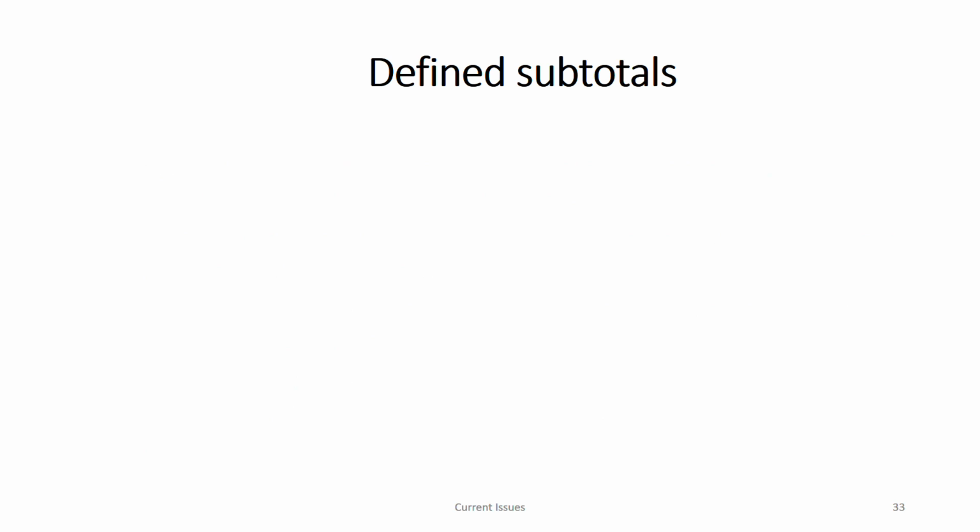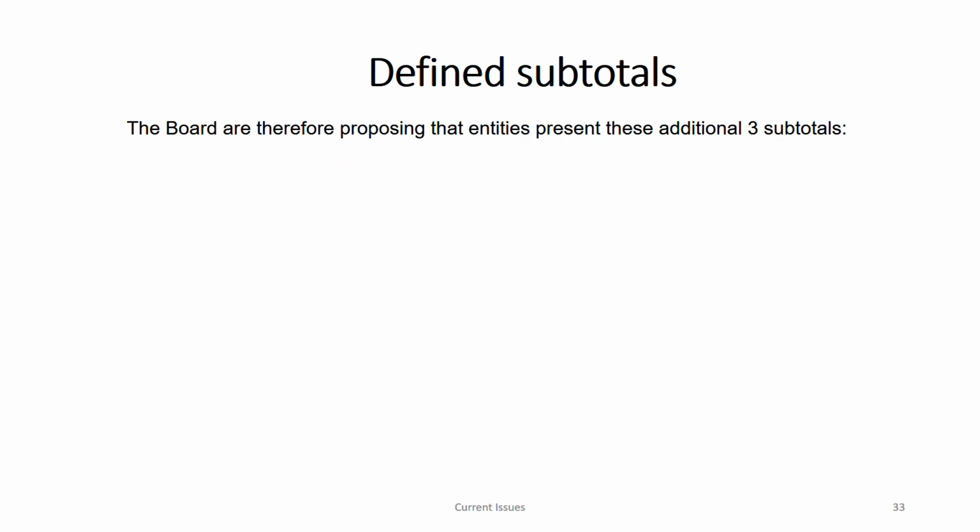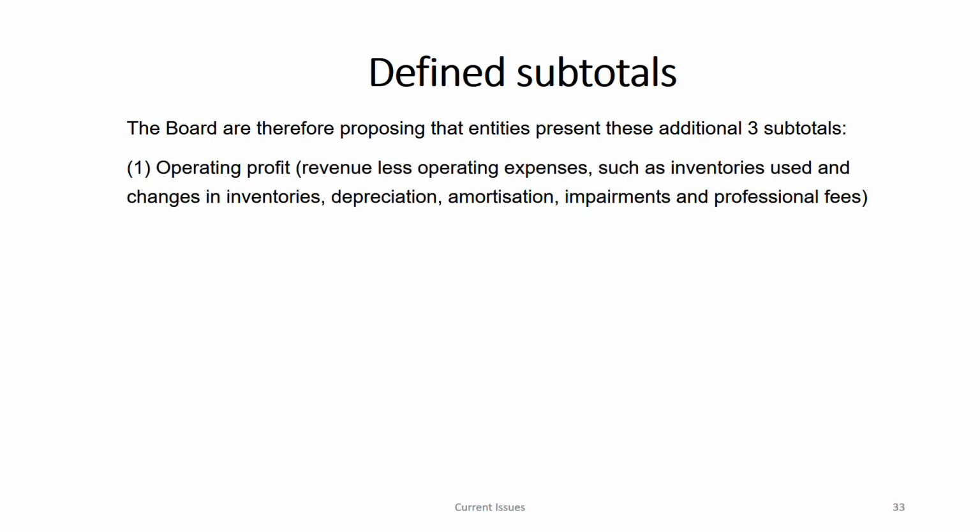So now the board is proposing three additional subtotals that entities have to present in this manner. First, operating profit. Operating profit means from revenue, from sales, you deduct your operating expenses, such as inventory used, any changes in inventory, depreciation, amortization, impairment, professional fees, all this you deduct.